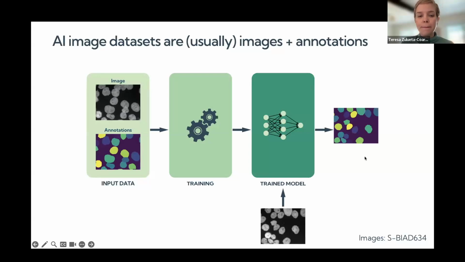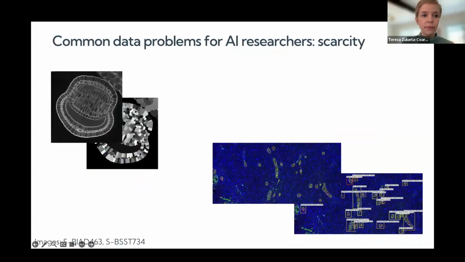And once the models have been trained, they can be deployed to analyze new images, and we can get new scientific insights. But despite how important these data sets are for not only training the models, but also for benchmarking them, to validate them, and also to be able to reproduce published results, AI scientists come across lots of different problems when it comes to data. The first problem is that there are not that many data sets in our field compared to other fields.